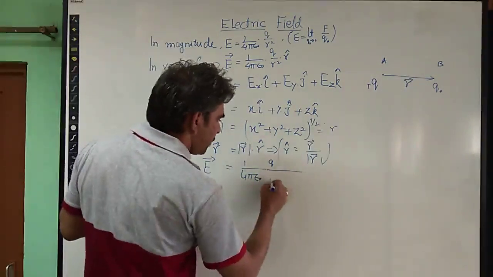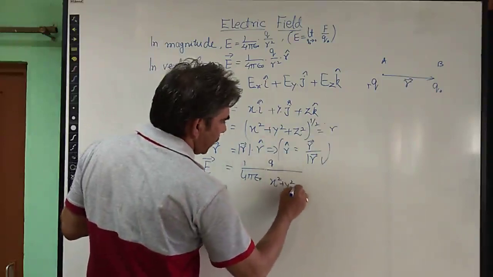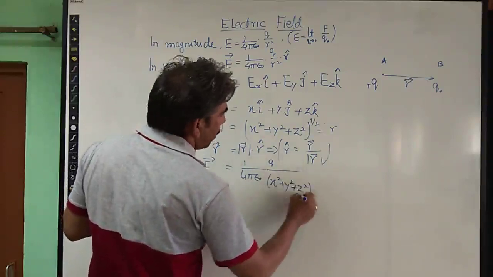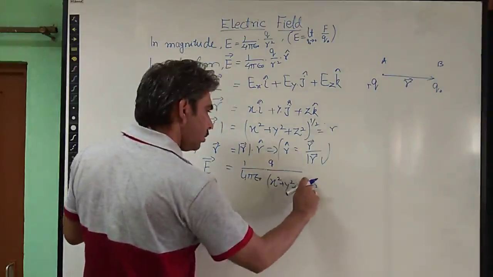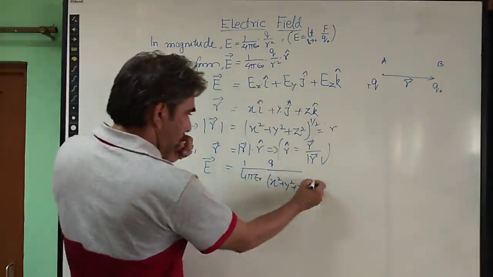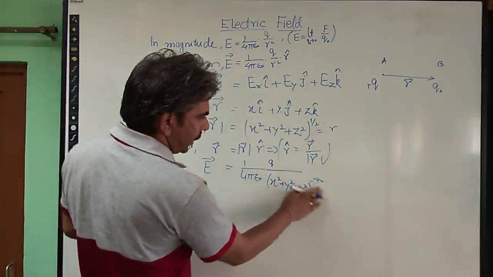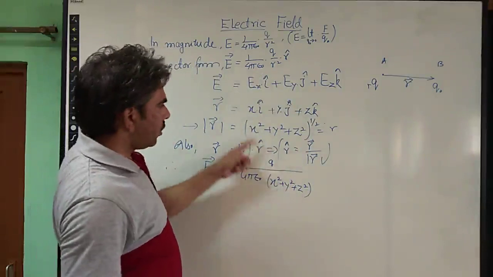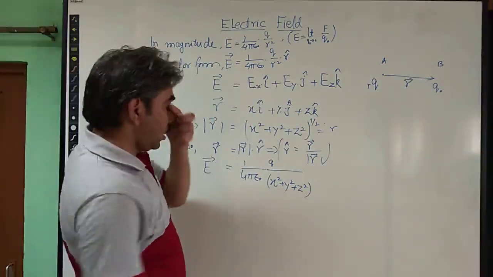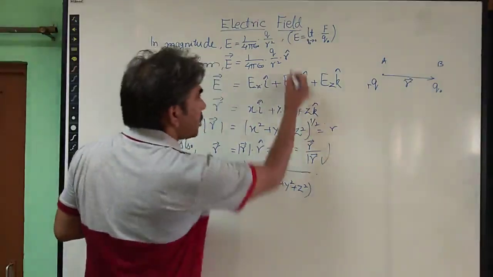So it simply becomes x square plus y square plus z square power 1 by 2, which is squared. So the 1 by 2 cancels out with the square. So I am just writing it as x square plus y square plus z square here, because the root cancels out with the square, into this r cap.